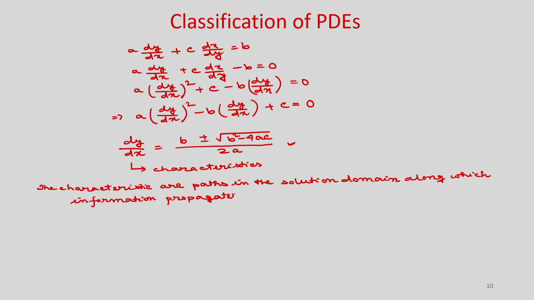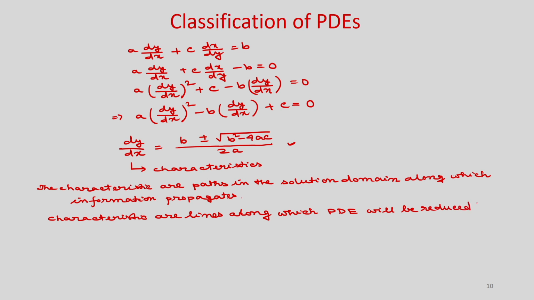For this particular situation, these characteristics are lines along which PD will be reduced to OD, because we started with PD, and with this condition dy by dx is equal to b plus minus root b square minus 4 ac by 2a, you can see that characteristics are lines along which PD will be reduced to OD.